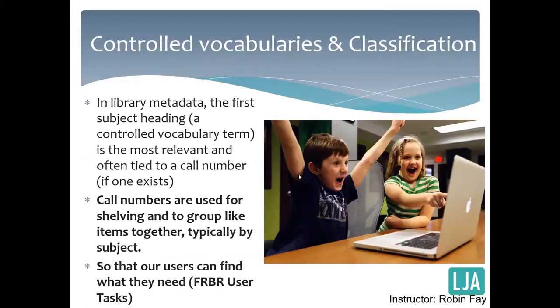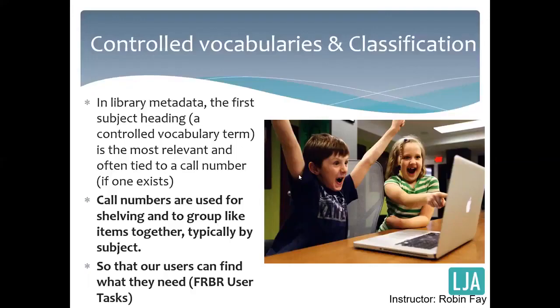For those of us assigning call numbers, this is probably the most important part: that first subject heading, that primary subject heading, is where we start our notation building. That's where we start looking for where we are going to class our item, and where that call number is going to start.